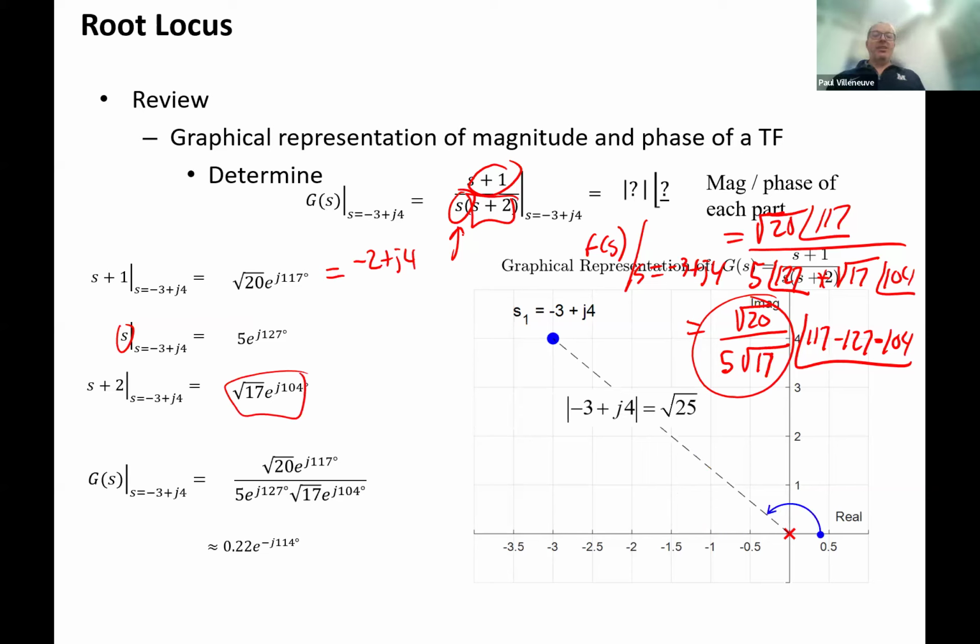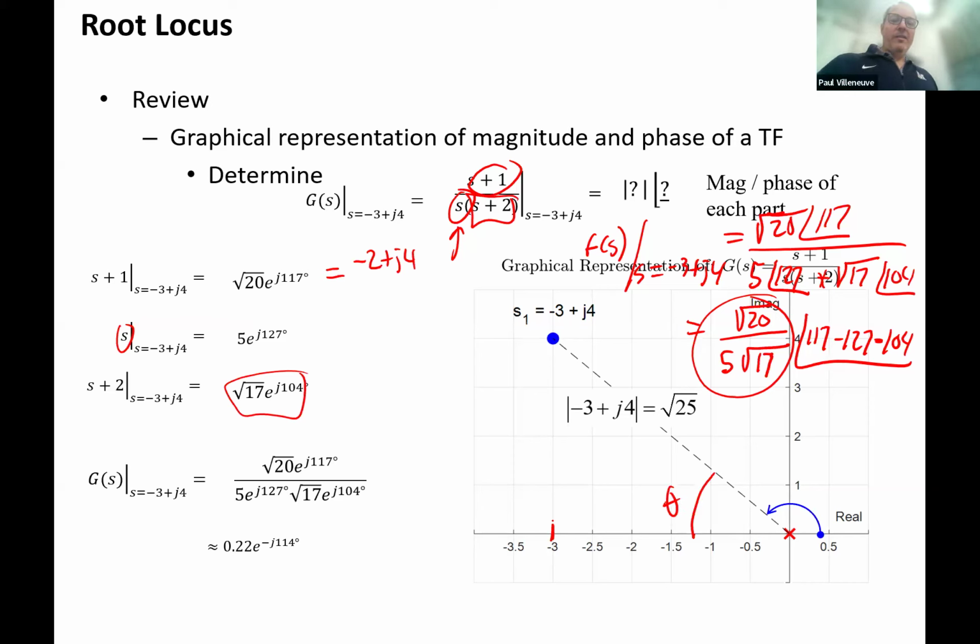Okay? And so would you calculate that angle by hand? Any ideas? What's the easy way to calculate the angle? Anybody want to guess? You trig gods, you. Can I calculate theta?